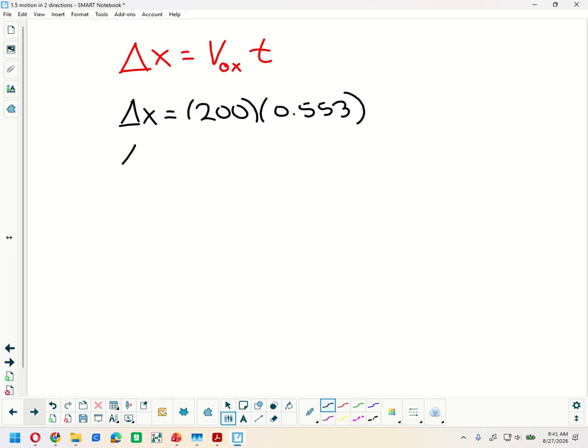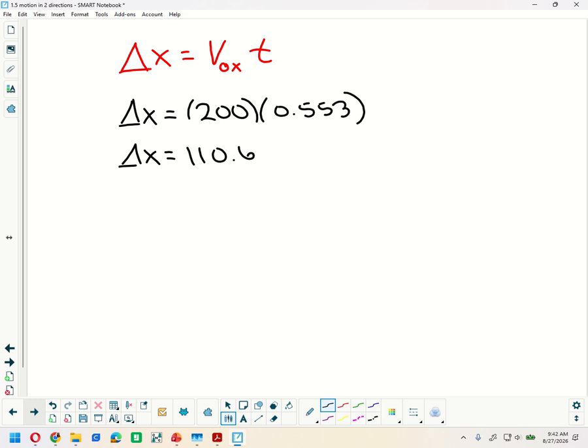So my change in x, my displacement, is 110 point.